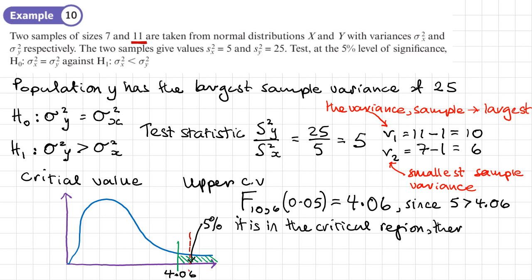Therefore, there is sufficient evidence to reject H0.